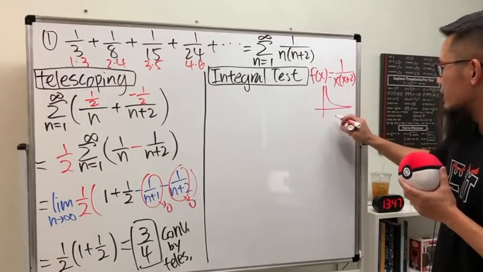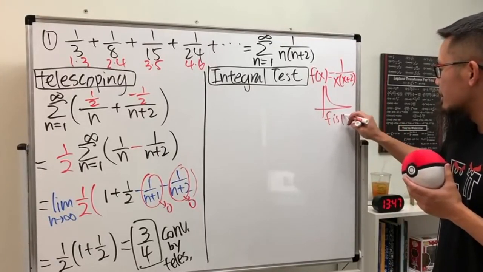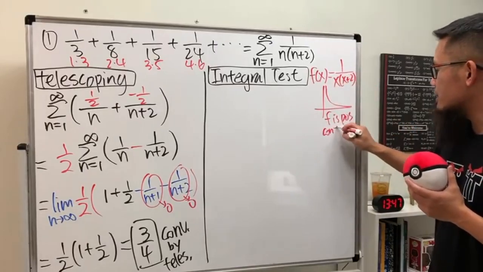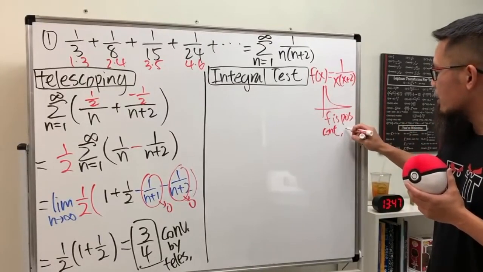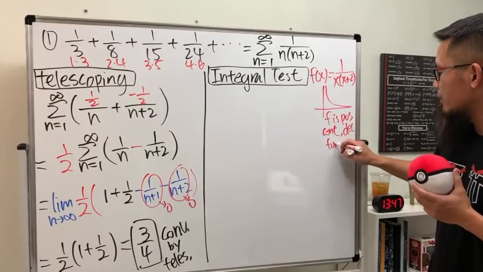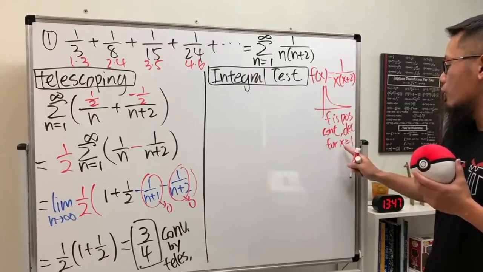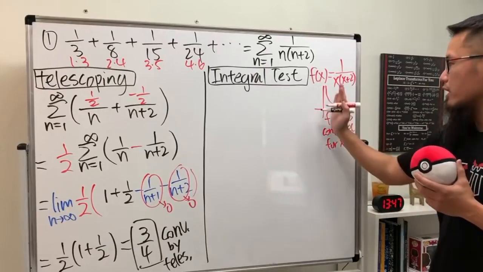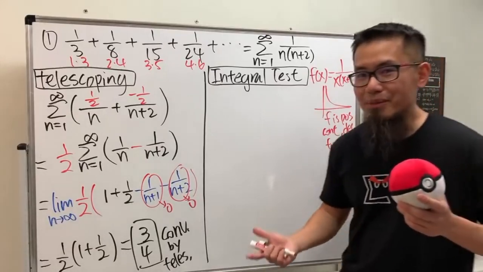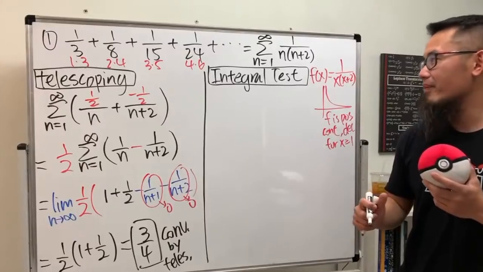And just go ahead and mention that f is positive because it's above the x-axis, and it's also continuous, and also decreasing, right? And you also mention that this is true for x is greater than or equal to 1. We don't care about anything less than 1. So just go ahead and mention that. So that way we can legitimately use the integral test.